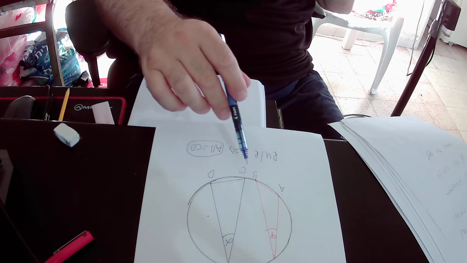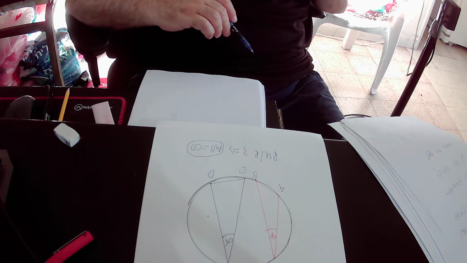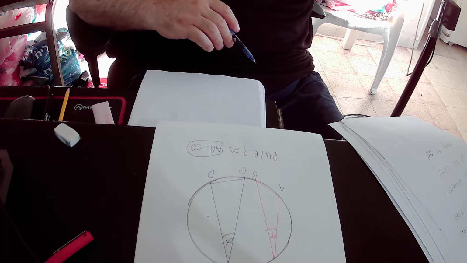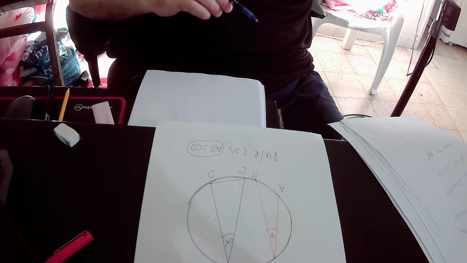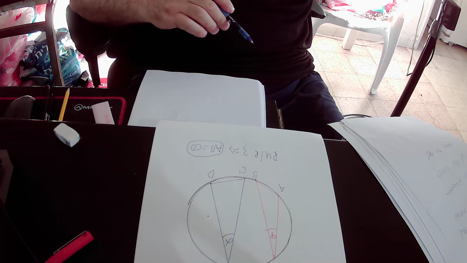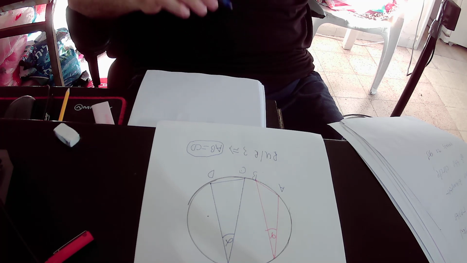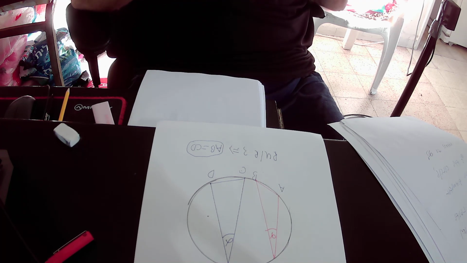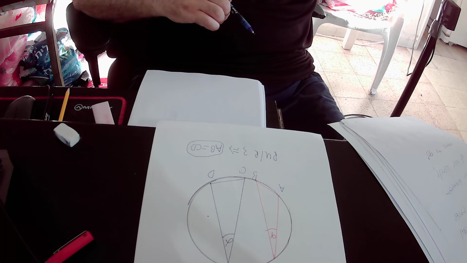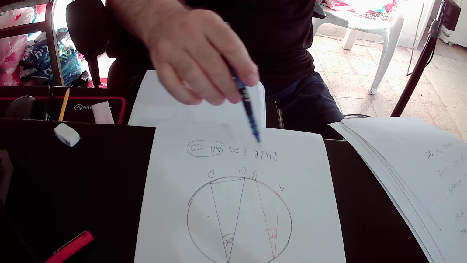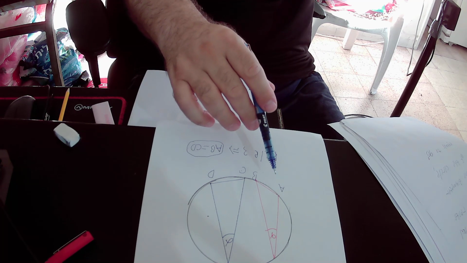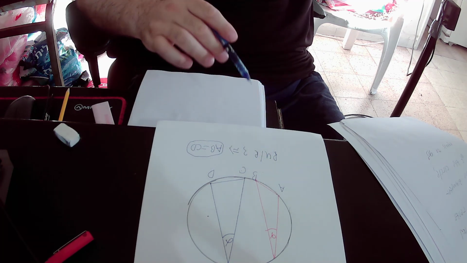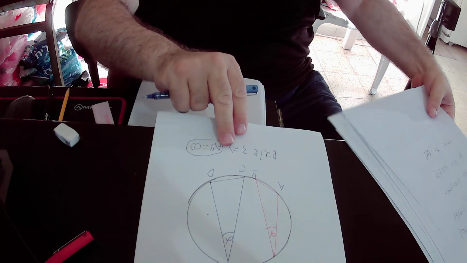The chords that they rest on are equal to each other. So AB equals CD because both angles equal each other, according to rule number 3.